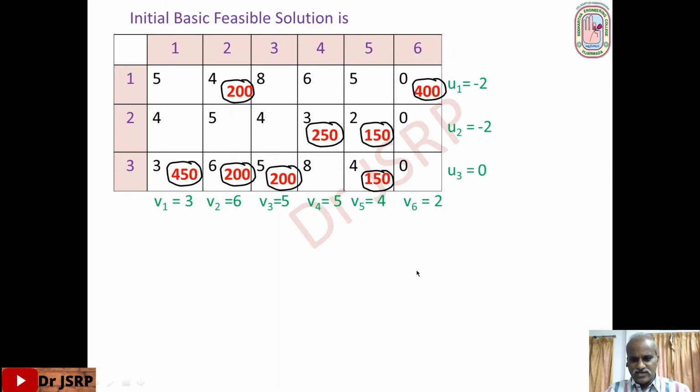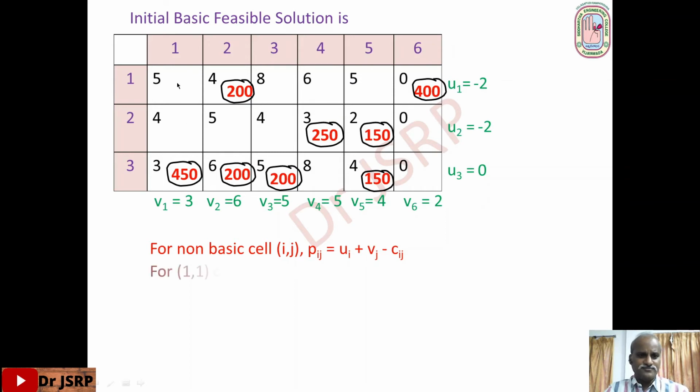Okay. Right. Now we find the scalar Pij for each non-basic cell i, j. So for a non-basic cell i, j, Pij equals the corresponding U value plus V value minus the cost of the cell. So we calculate this for each non-basic cell. All these other cells are non-basic cells. Okay, right.